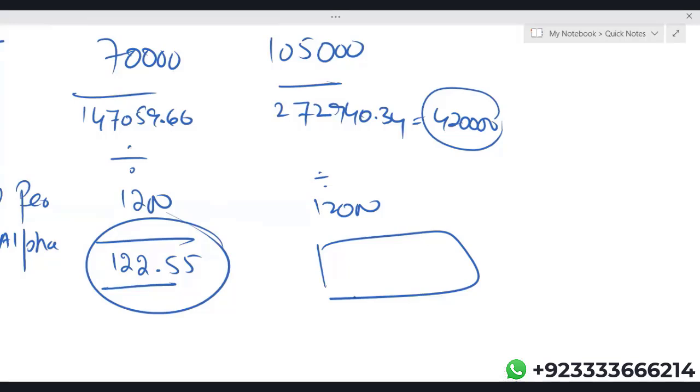So I'm getting 22.745. Even though they have not asked, this is how we calculate for beta.